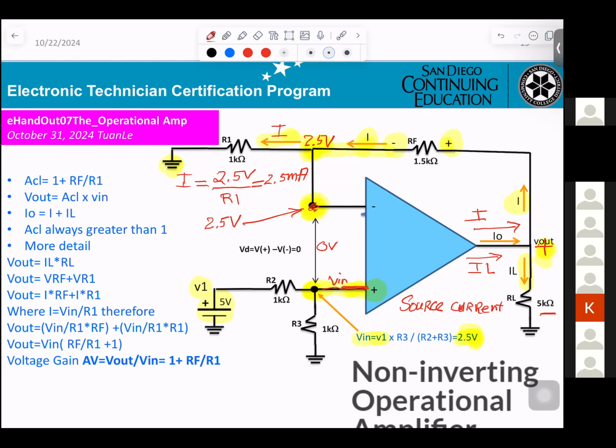Now, if I want to calculate the V out, what does V out equal? One way, you can take V out from the output to the ground, so it will equal IL times RL.